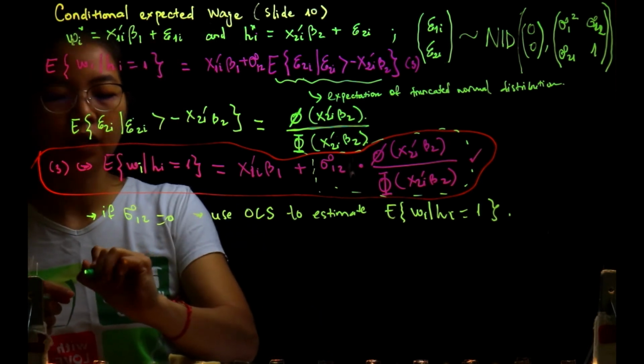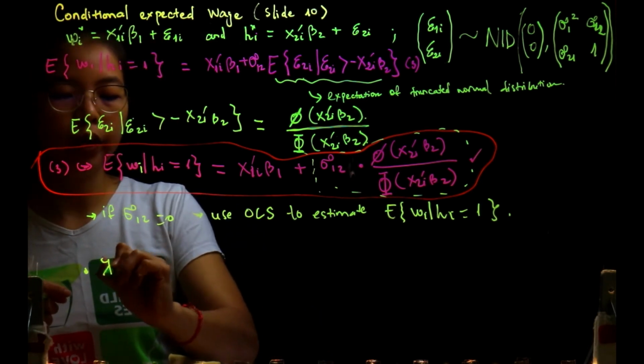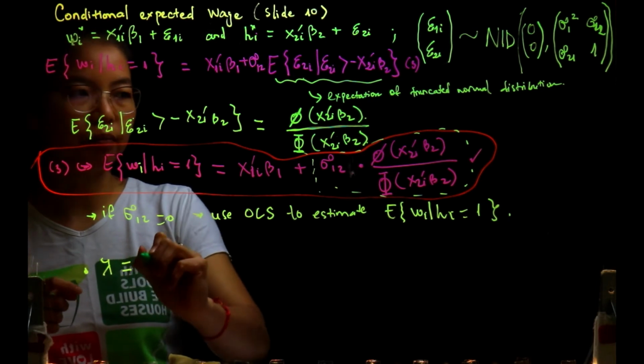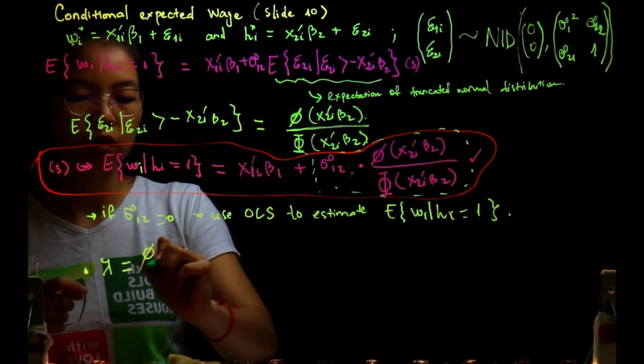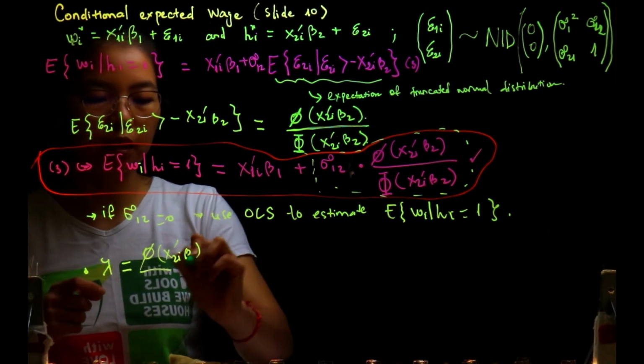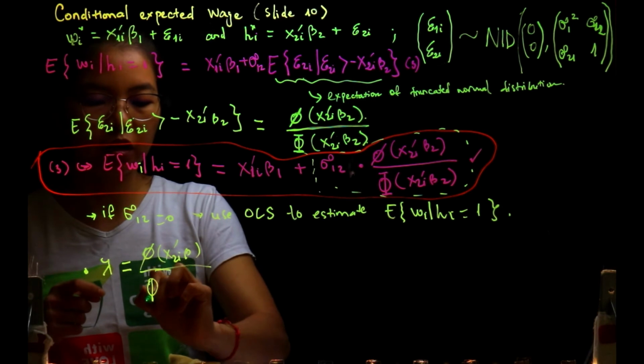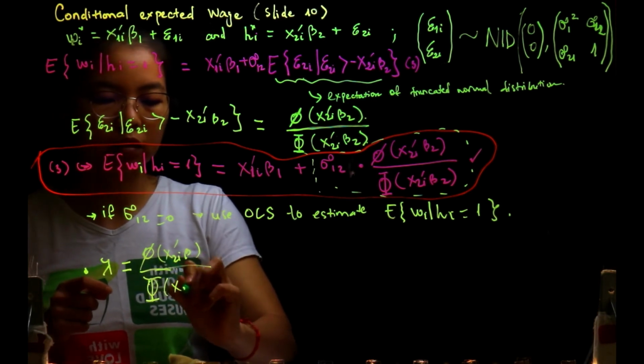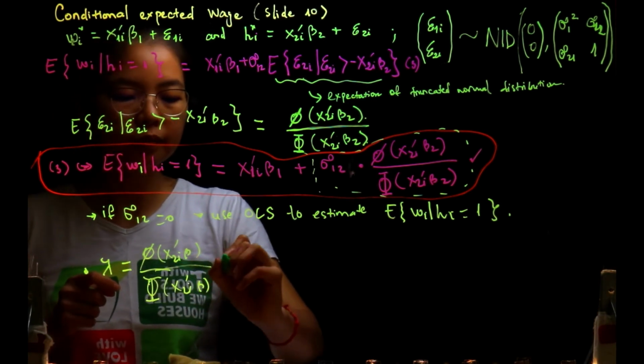That's the first thing. The second thing, we have the ratio lambda equal to small phi of x2i prime beta 2 over large phi of x2i prime beta 2.